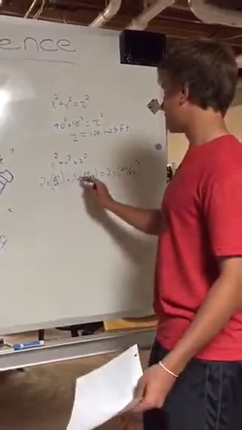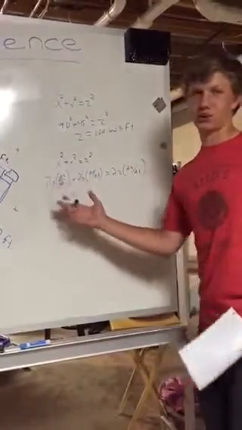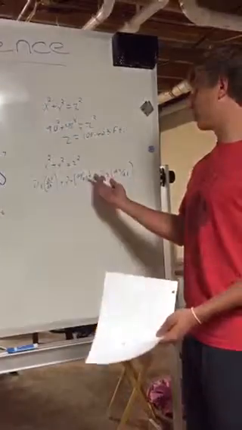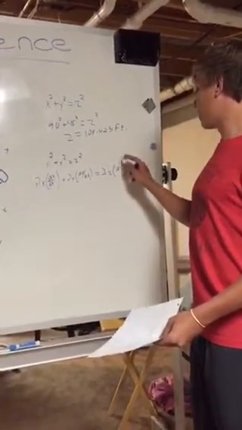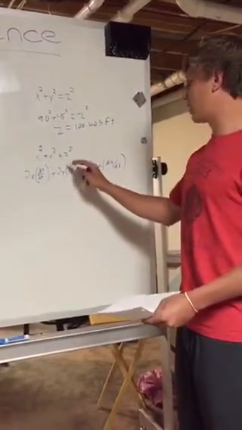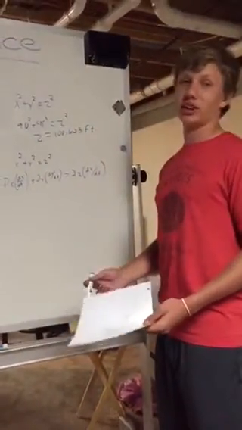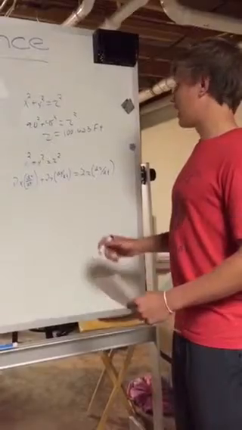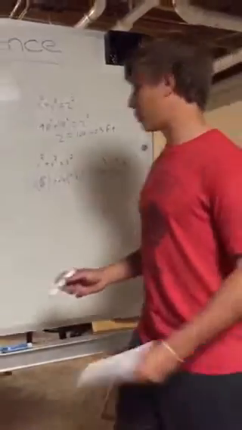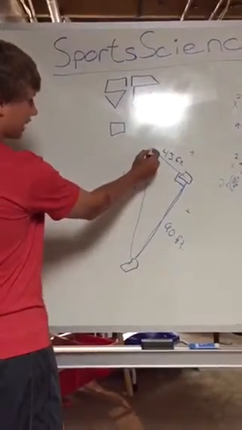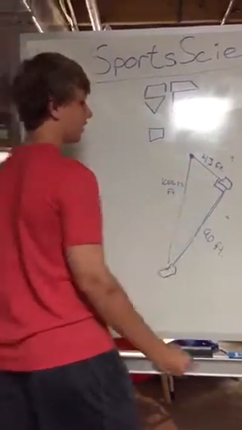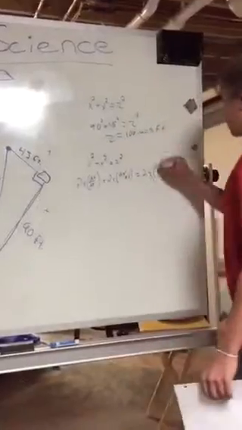And these dx/dt, dy/dt are the derivative of x with respect to time, the derivative of y, and so on. So these variables, dz/dt, dy/dt, and dx/dt will be our rates of change of the different sides. And ultimately, we're trying to find the rate of change of the distance from home to halfway from first to second. So that right there is dz/dt. And that's what we're trying to find here.